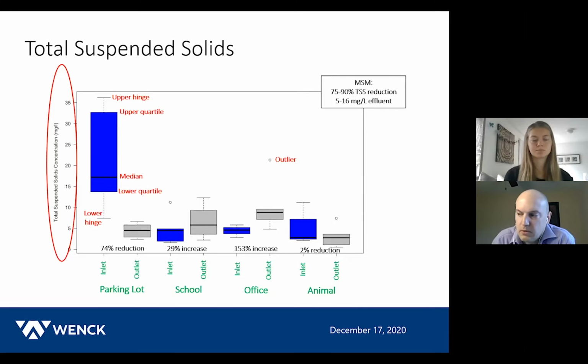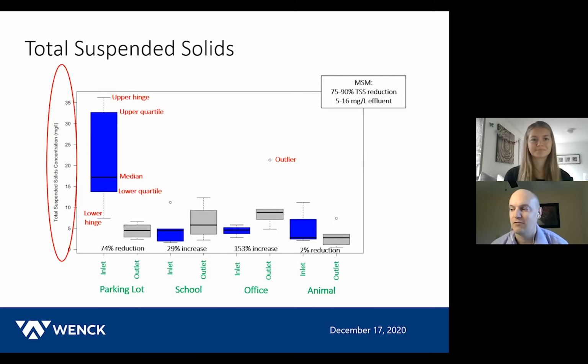We've listed the percent reductions and increases at each site, but I think many people are very familiar with the percent reduction concept, but I don't know as if it's fair to focus on that at this point. And we'll get into that as we continue reviewing the results. Well, I'll get to it right now, I guess.